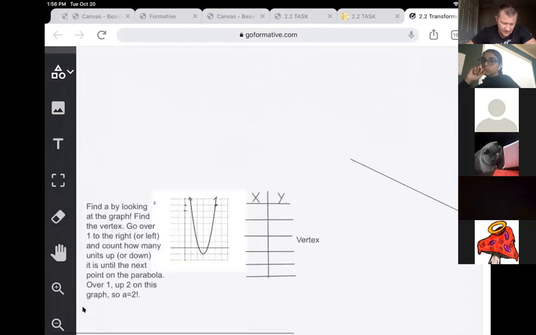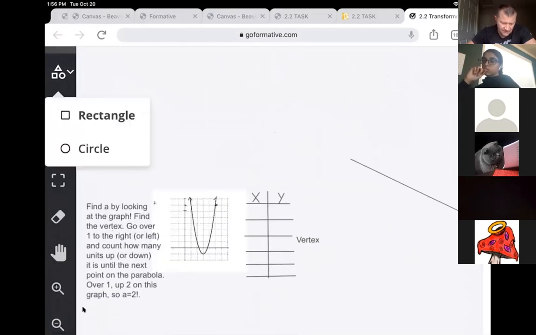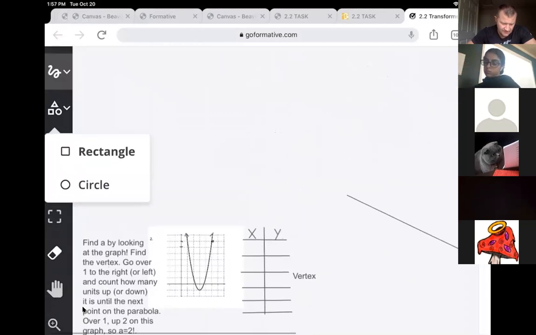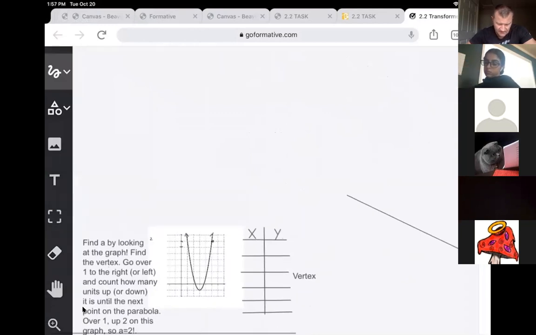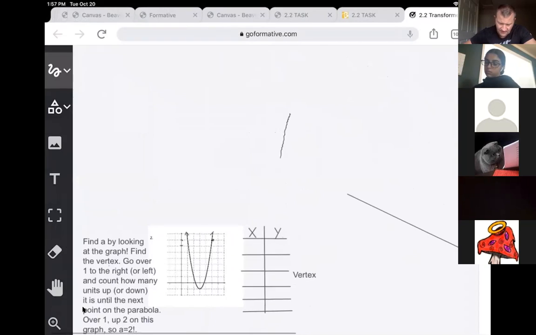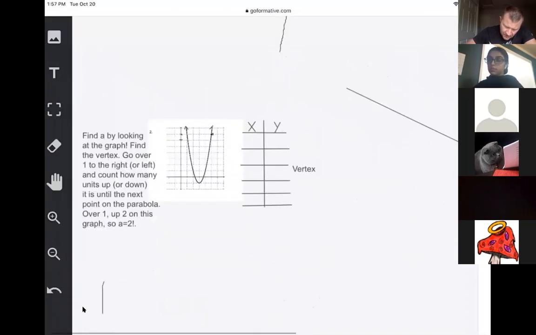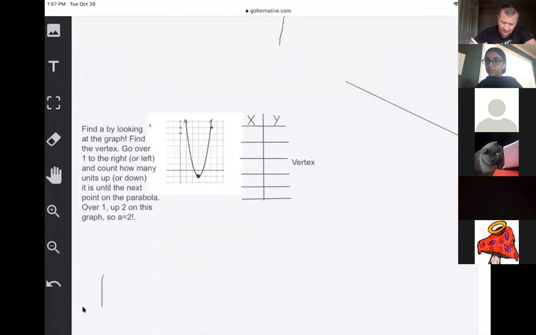So we didn't use this word vertex yesterday, okay? She said it in the video. The vertex is the bottom part of the parabola, okay? And unless it opens this way, then it's like the top part, okay? Vertex.